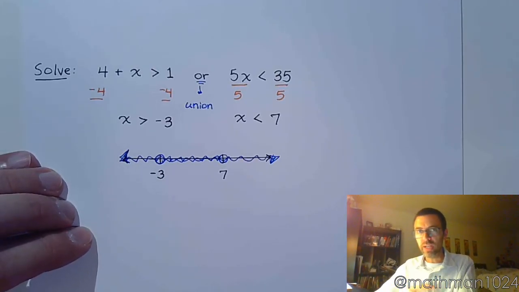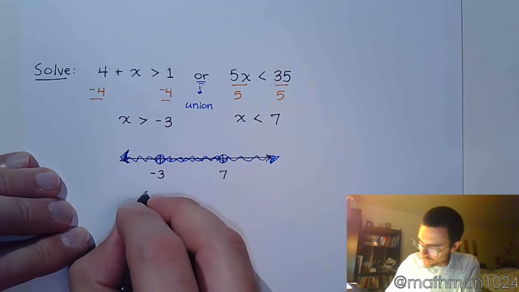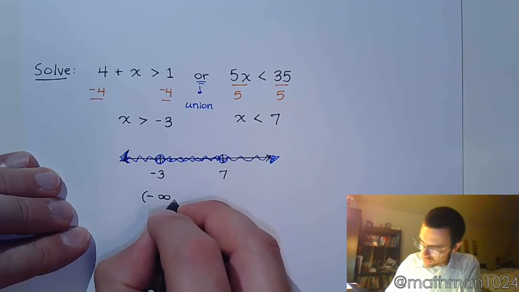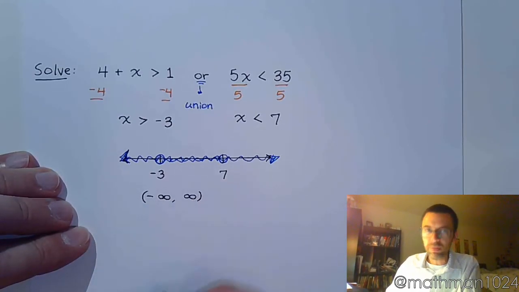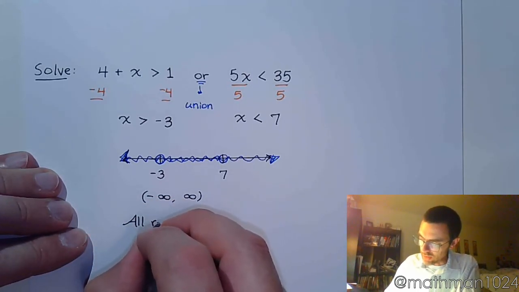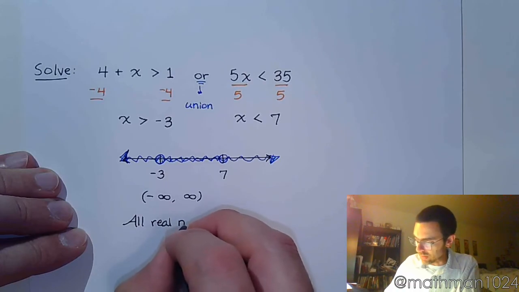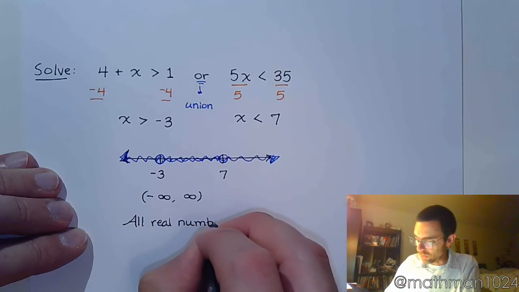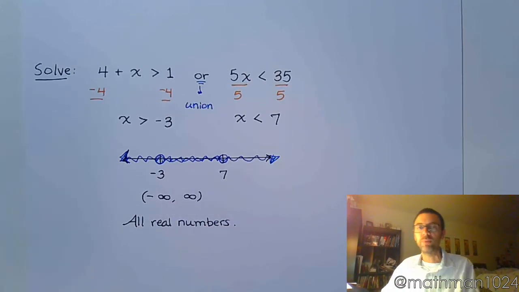So here we're including everything on the number line. We're including everything from -infinity to +infinity. Another way of stating this is that our solution set is all real numbers.